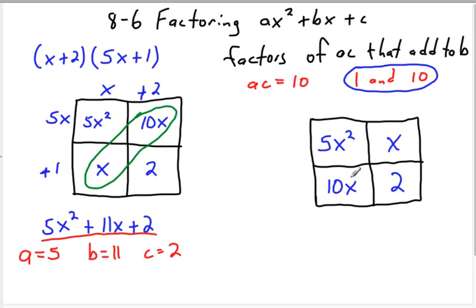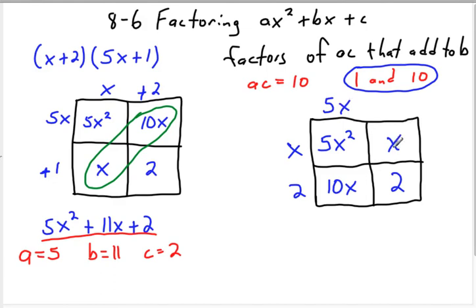It doesn't matter. All right, so now what we're going to do is find the greatest common factor of each row and column. Okay, so first we'll start here with this row. 5x squared and x, what do they have in common? They have an x in common. And 10x and 2, what do they have in common? A 2. Here, a 5x squared and a 10x have 5 and x in common.